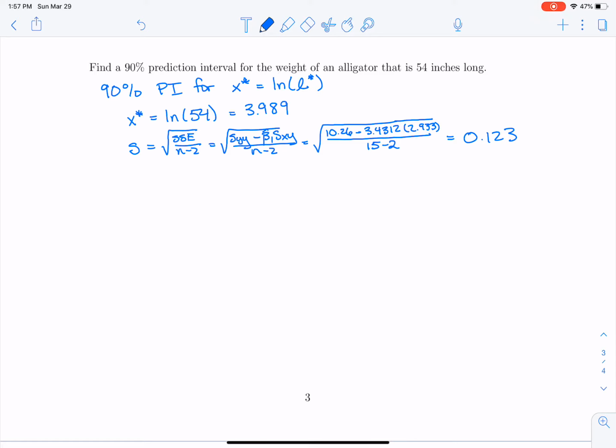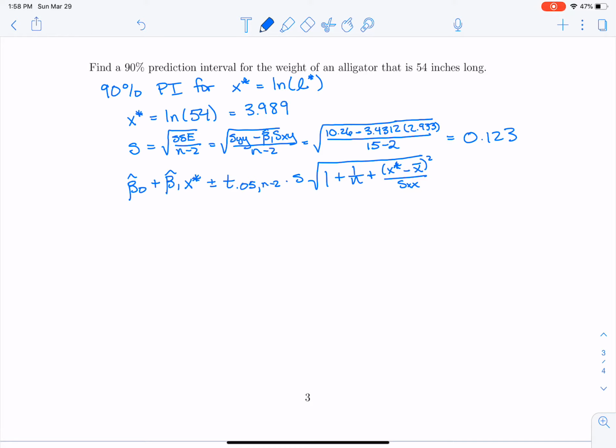Okay, so our prediction interval is going to look like beta 0 hat plus beta 1 hat times x star, and that's going to be plus or minus our t value for 0.05, and n minus 2 degrees of freedom, times s times the square root of 1 plus 1 over n plus (x star minus x bar) squared over s sub x x.